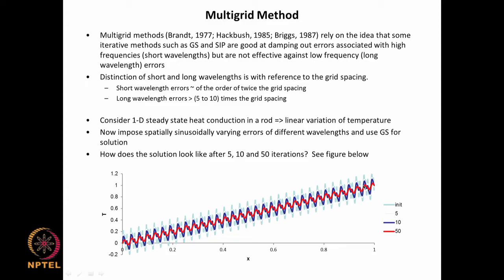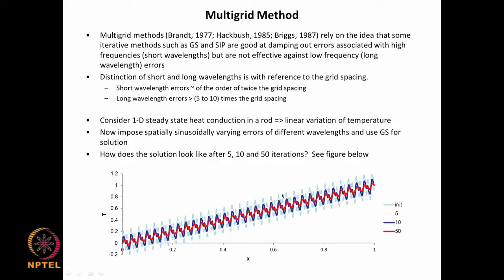So, it is a simple problem, 1D steady state heat conduction with constant thermal conductivity: alpha d square T by dx square equal to 0, without any source term. So, that will lead to a truly linear variation like this.